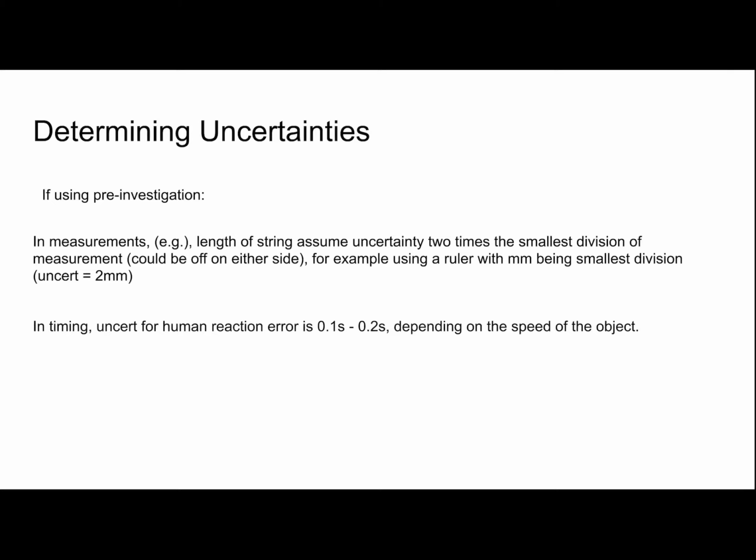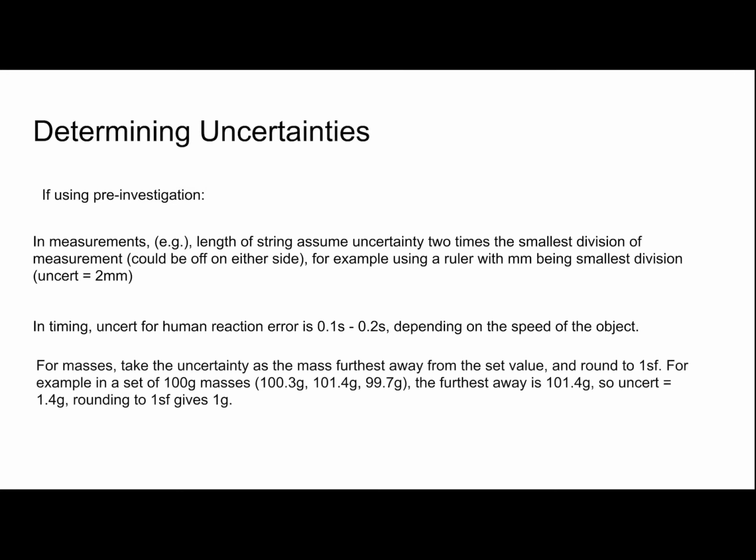This human reaction error is very dependent on when you start and when you stop the stopwatch. If the pendulum was moving very quickly, it may have been harder to stop it accurately, which may increase the error. So the average human reaction time error is just an estimate based on the average, which is about 0.1 seconds to 0.2 seconds.